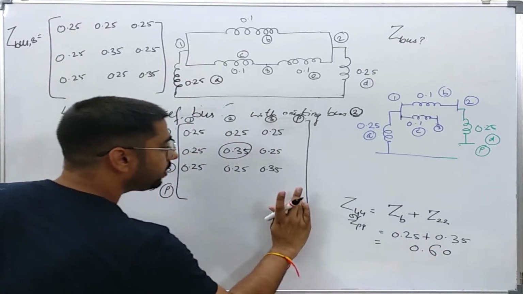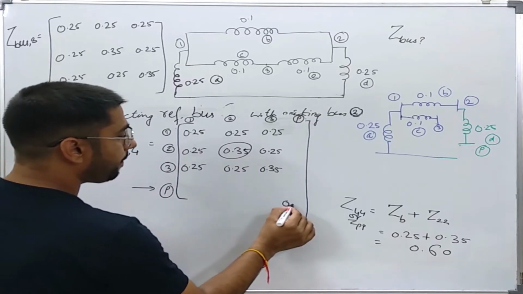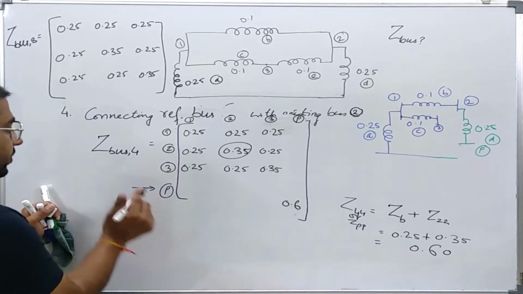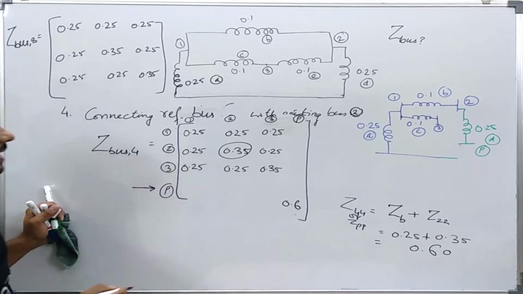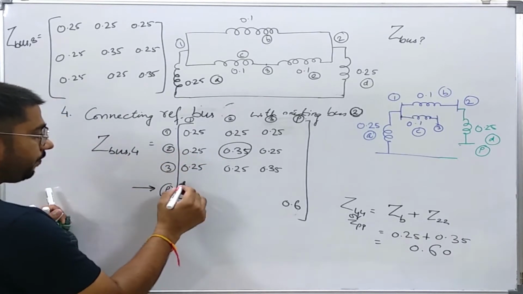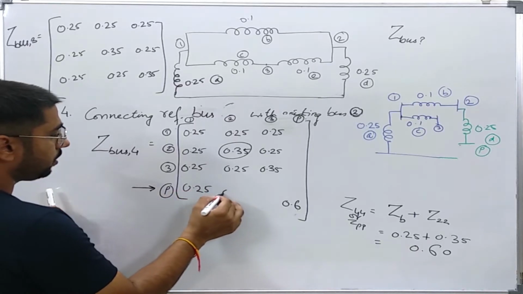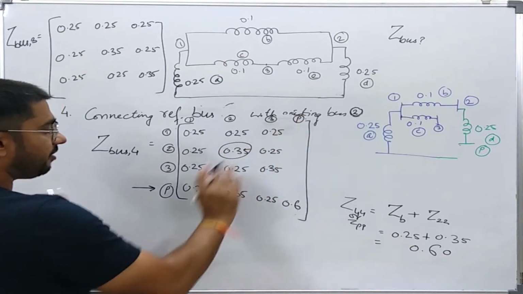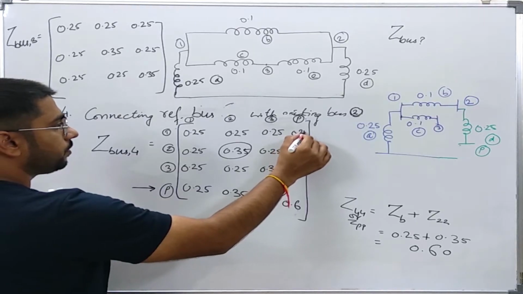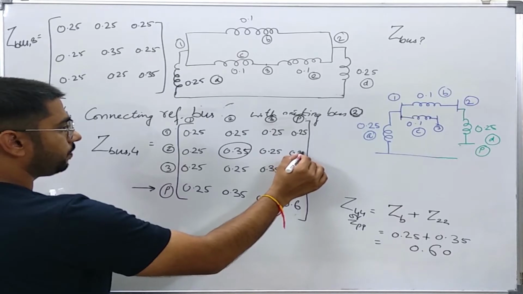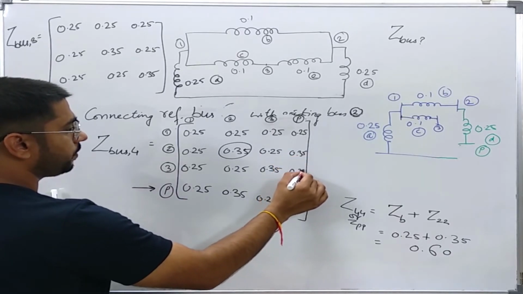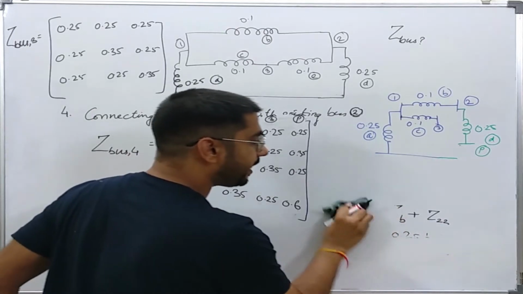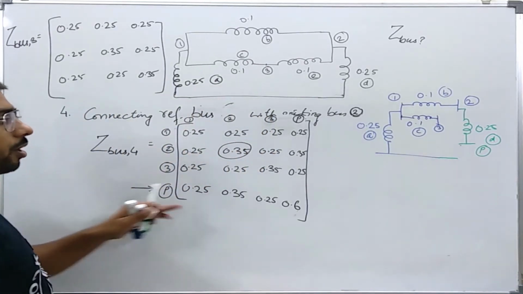So this element will come out to be 0.6. Now this row will be same as this row, and this column will be its transpose. So here we have got a bus impedance matrix which is of 4 by 4 order.